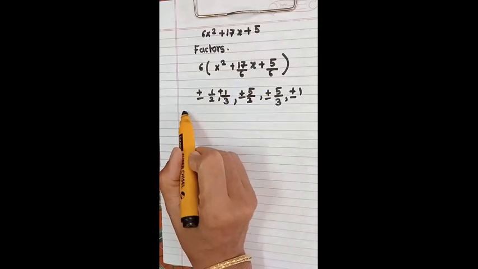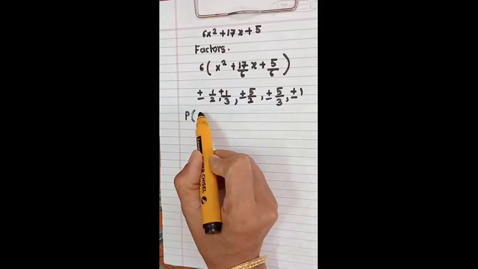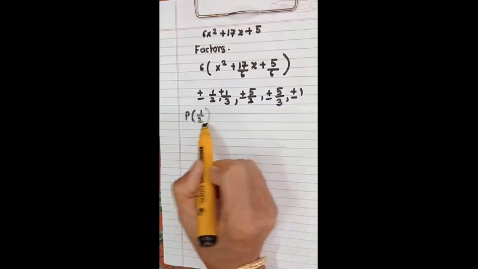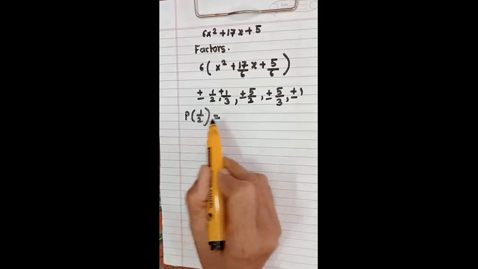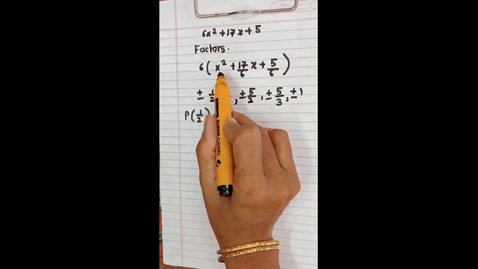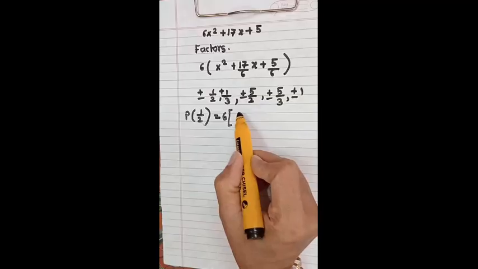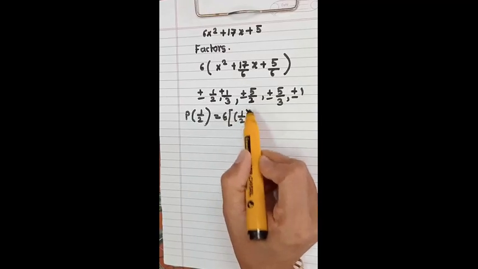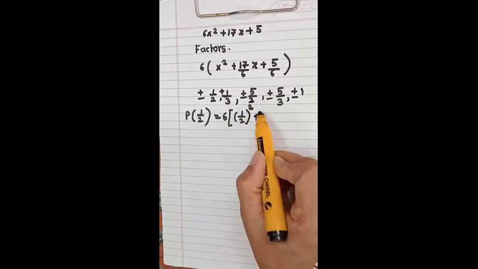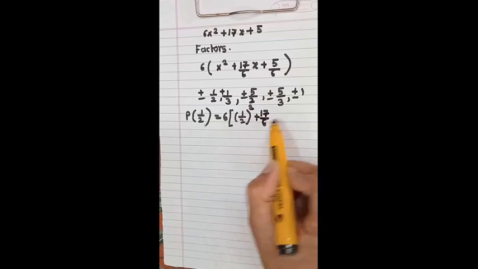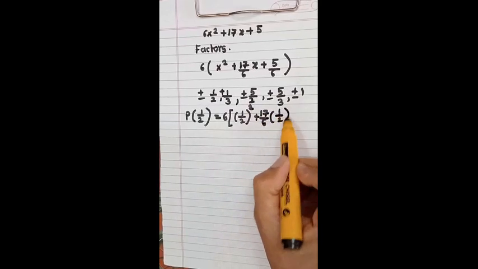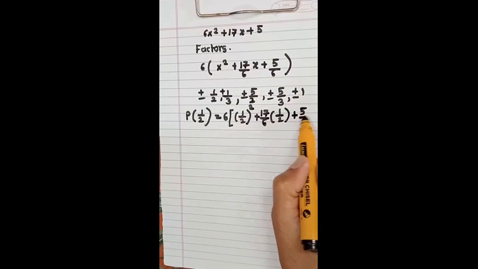So I can try it for p of half. By putting the value half in place of x, you get 6 into bracket half square plus 17 upon 6 multiplied by half plus 5 upon 6.